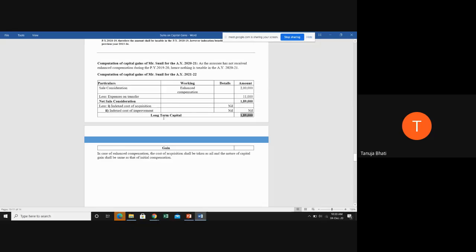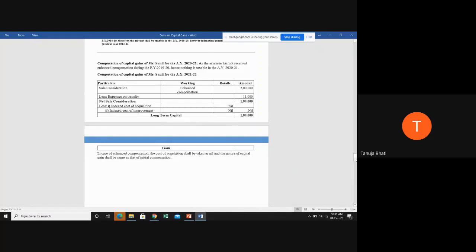Why have we taken it as a long-term capital gain? Because in case of enhanced compensation, you have to see the initial compensation. If initial compensation is long-term capital gain, enhanced compensation also will be long-term capital gain. If initial compensation is short-term capital gain, enhanced compensation will also be short-term capital gain. So in case of enhanced compensation, the cost of acquisition shall be taken as nil and the nature of capital gain shall be the same as that of initial compensation.